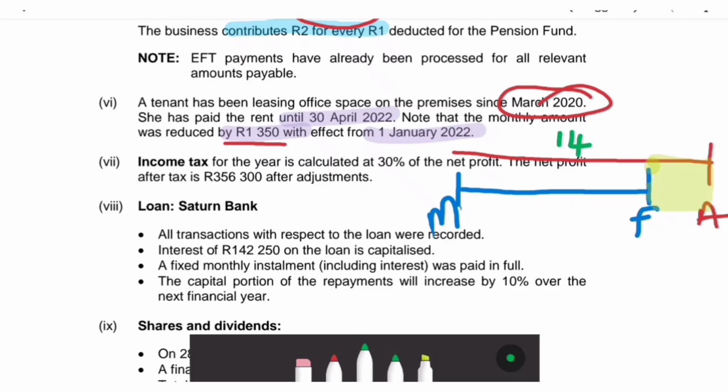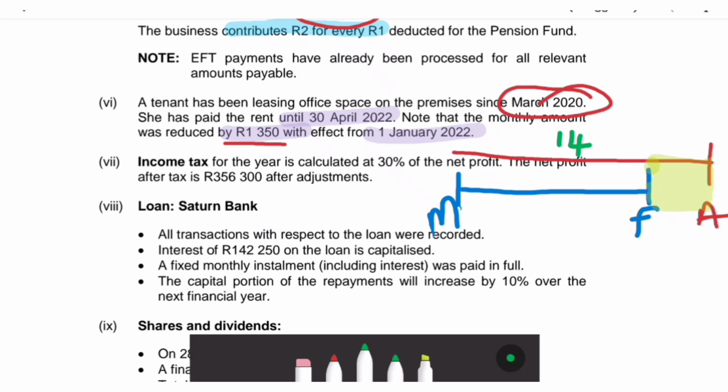If you count all the way from March 2021 to April 2022, it's a total of 14 months. We only want March to Feb, a full 12 months. So this means that March 2022 and April 2022 are income received in advance.